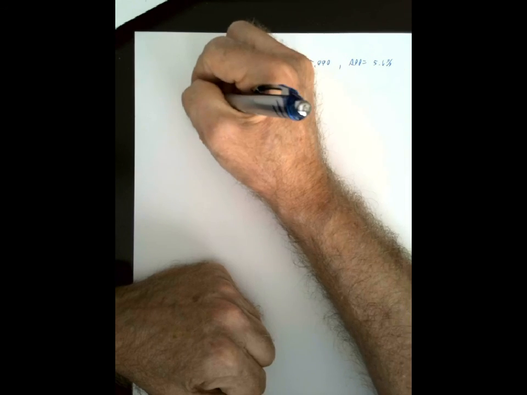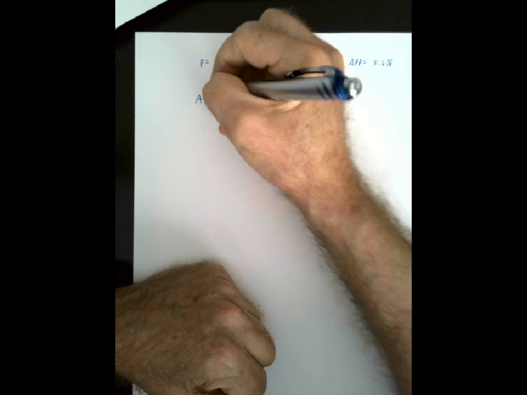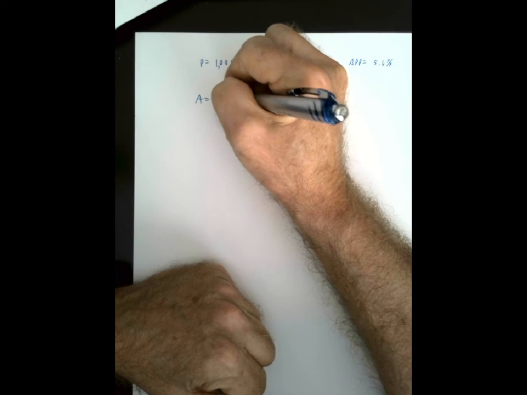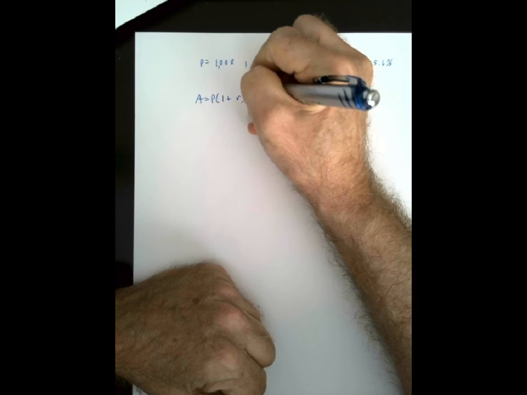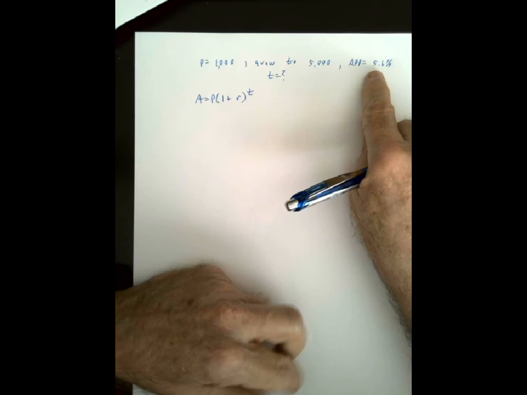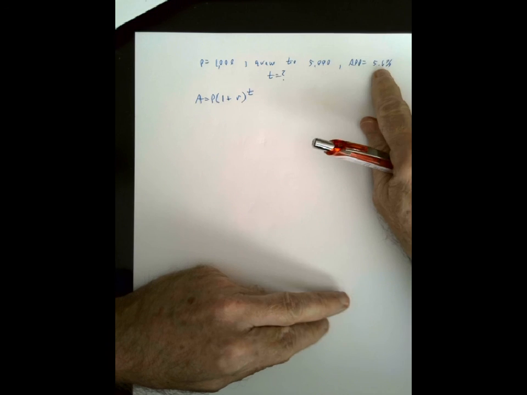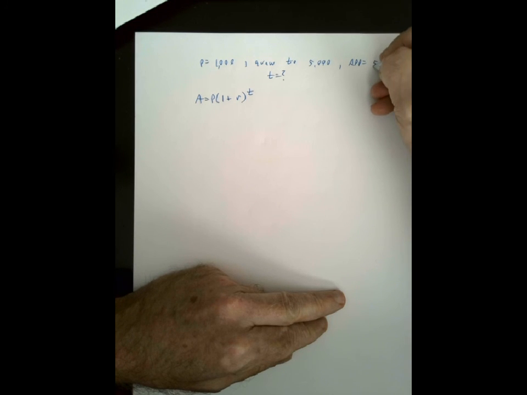So we're using the same formula we were just using. P times 1 plus r to the t. This is put in decimal form, so I move the decimal point over 2 places, so it's 0.056.